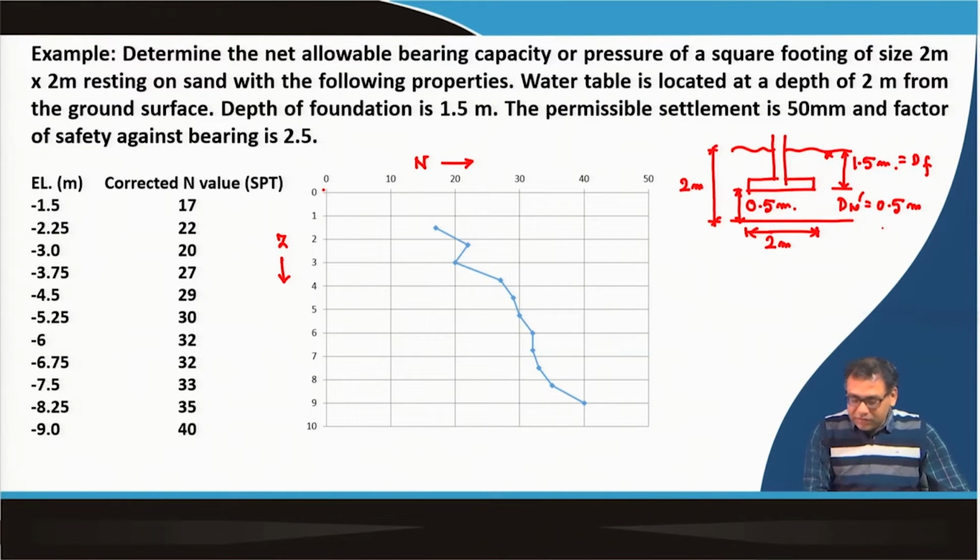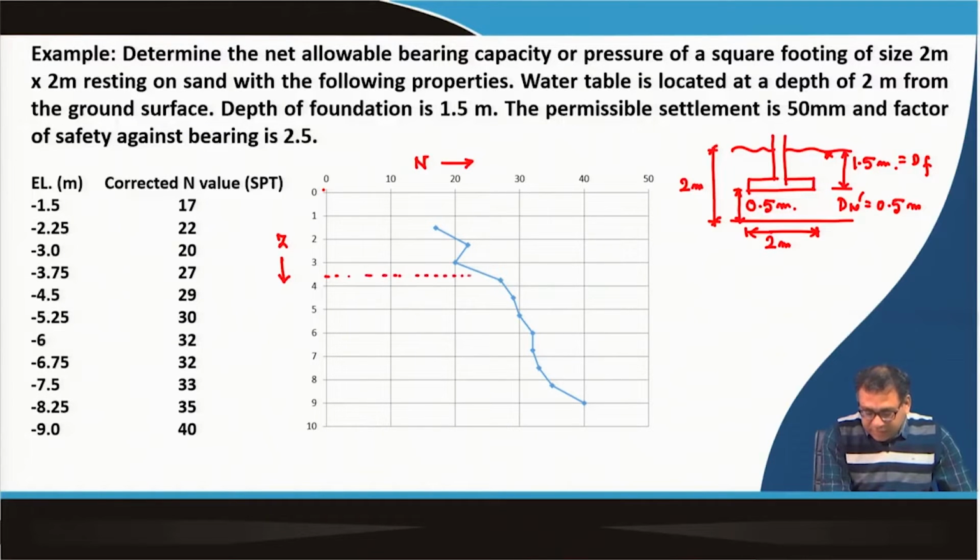If the influence zone is B, then B is 2 meter from the base of the foundation. So the influence zone will be 3.5 meter from the surface, 2 meter B plus 1.5 meter, the depth of the foundation. For bearing consideration, the influence zone will be 3.5 meter.